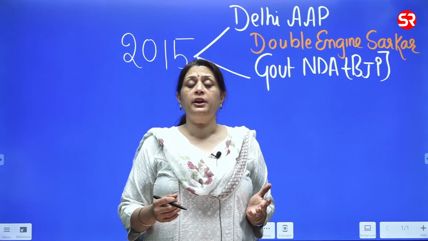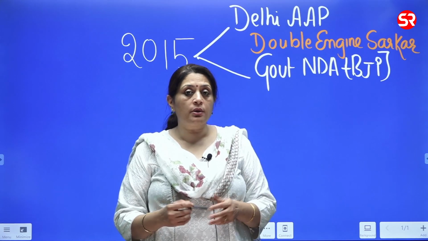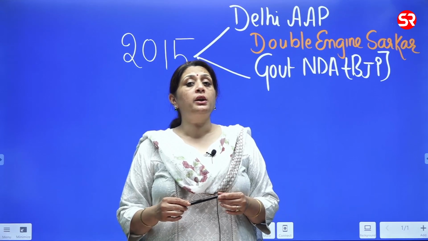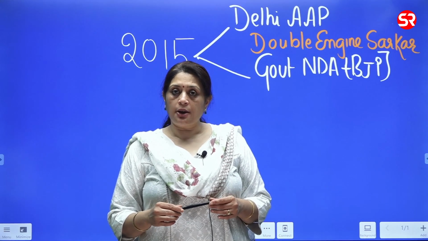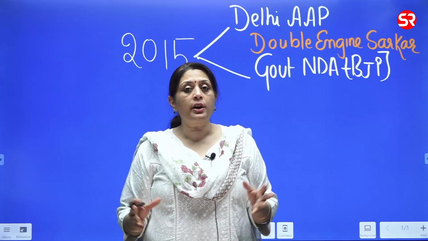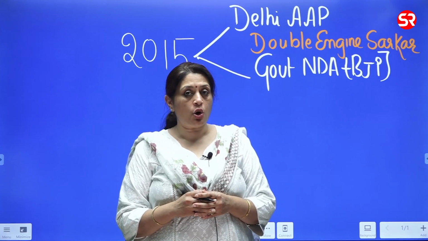There is conflicting opinion among the intellectuals about the status of Delhi. What is the status of Delhi? Where does Delhi fit in our democratic framework, in our constitutional order?